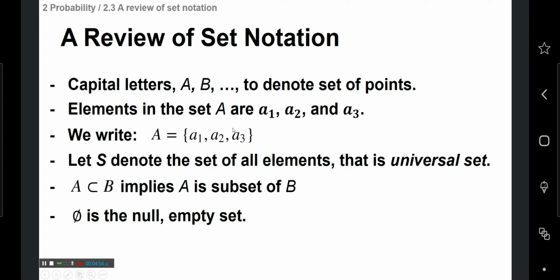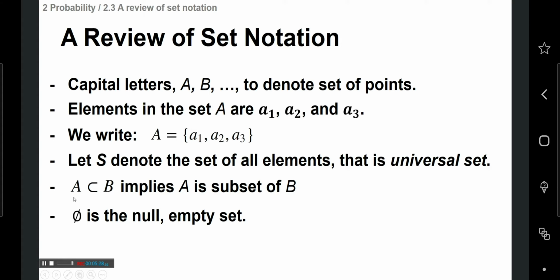We write this way: if elements a1, a2, a3 are elements of set A, then we write A equals {a1, a2, a3}. And let S denote the set of all elements, that is the universal set. So when we write S, it means the whole set.